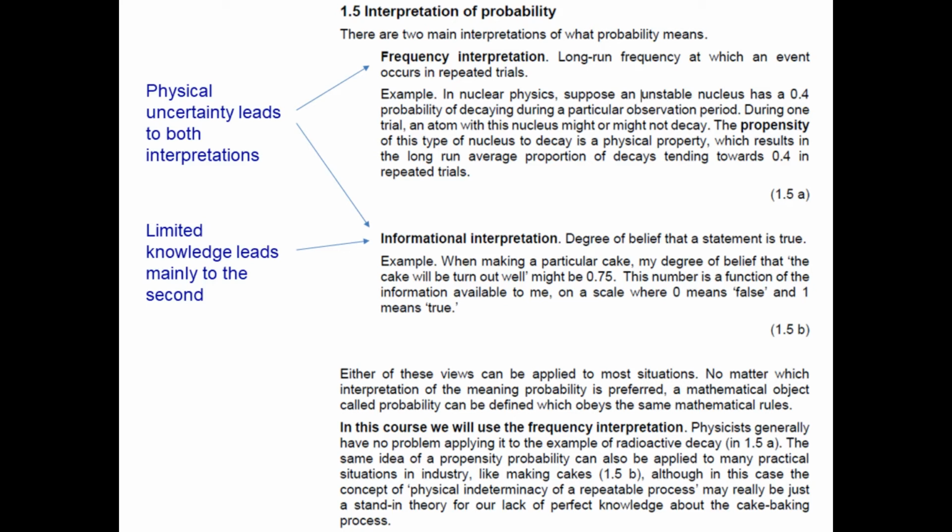During one such trial, a nucleus might or might not decay, and if we repeated the trial with an identical nucleus, we might not get the same result. Nonetheless, there is a physical property, we imagine, of the nucleus, its propensity to decay, which causes the long-run average proportion of decays to tend towards 0.4, as we eventually have a very large number of attempts at observing this process.